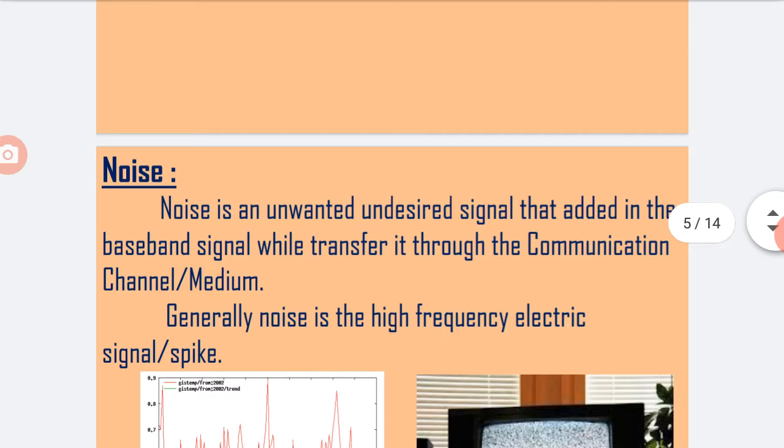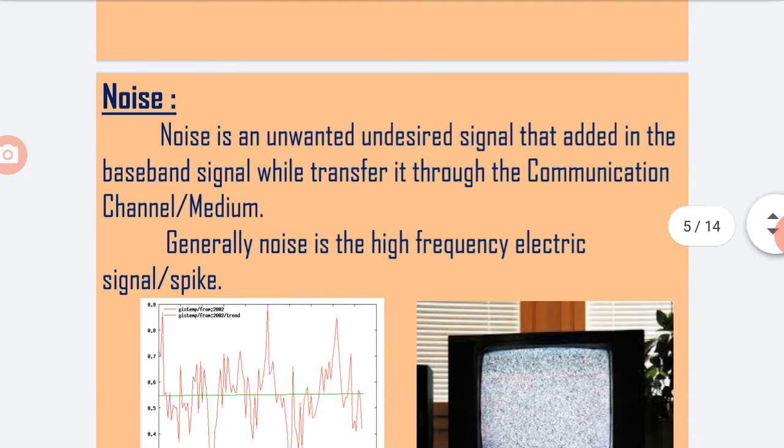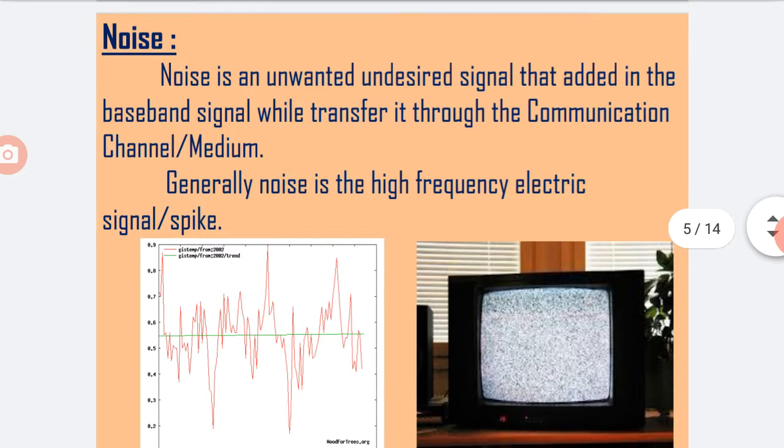We already know that noise is the unwanted or undesired signal that is added into the signal while transferring it through the communication channel or medium. Generally, noise is a high frequency electrical signal or spike.